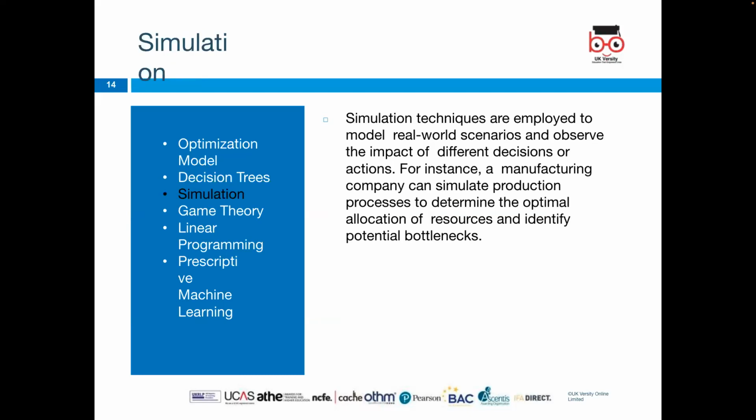Simulation techniques are employed to model real-world scenarios and observe the impact of different decisions or actions. For instance, a manufacturing company can simulate a production process to determine the optimal allocation of resources and identify potential bottlenecks.